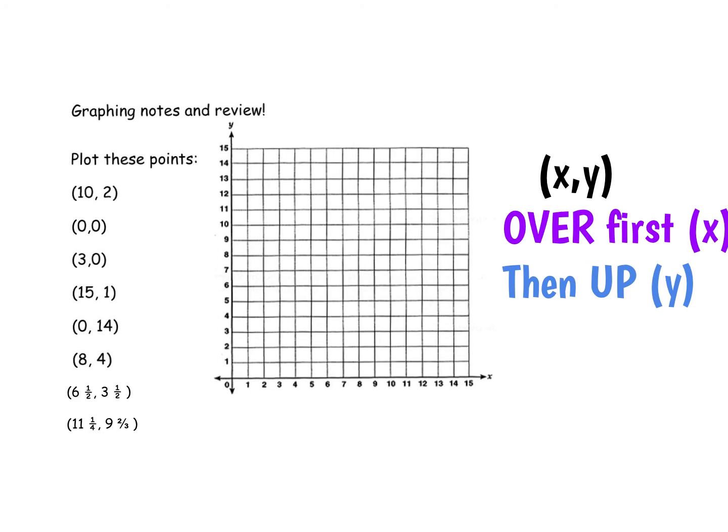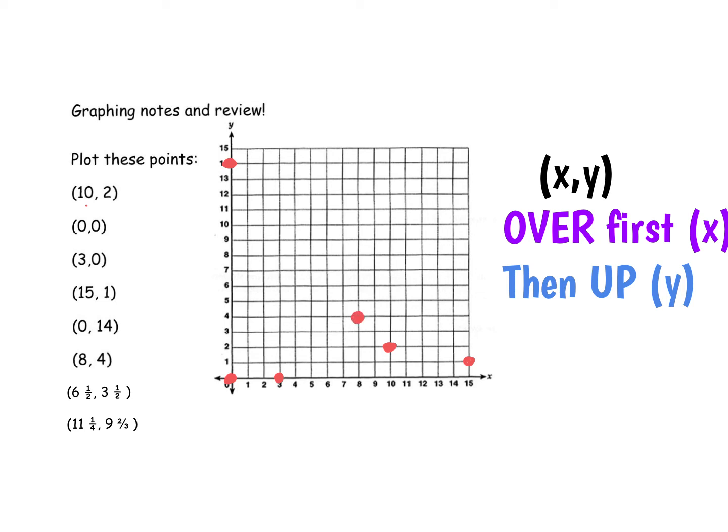So for 10, 2, 10, 2 would be over 10, up 2. 0, 0 is going to be right here. 3, 0 is going to be over 3, up 0, so it's going to be right on the line. 15, 1 is going to be all the way over to the right 15, and then up 1. 0, 14 is not over anything, so we're going to stay on our y-axis, up 14. That's where 0, 14 is going to be. 8, 4 is going to be to the right 8, up 4, so it would be right there.